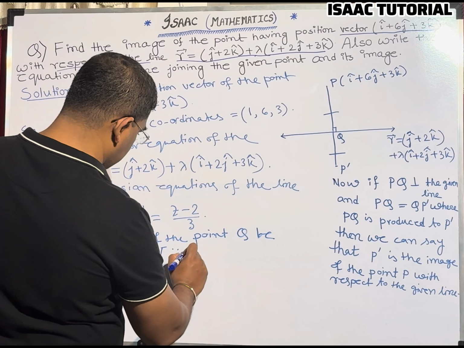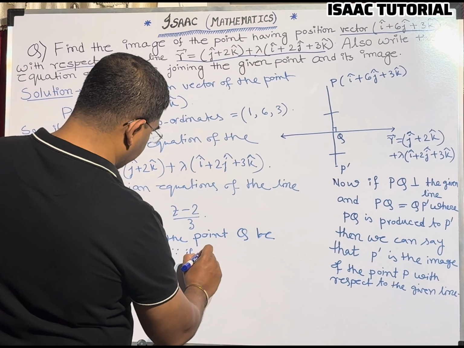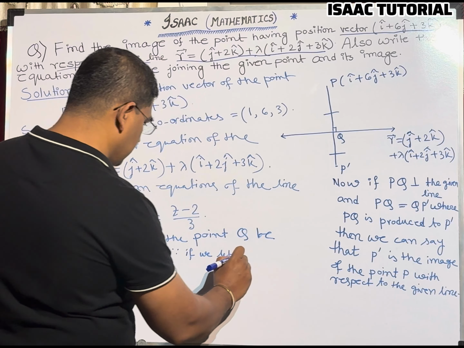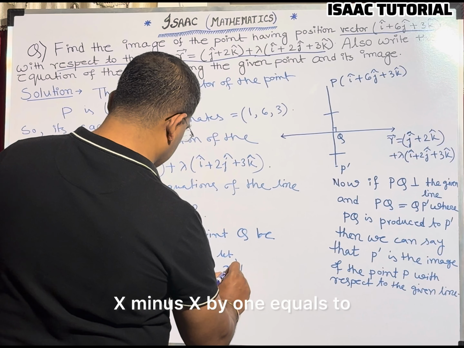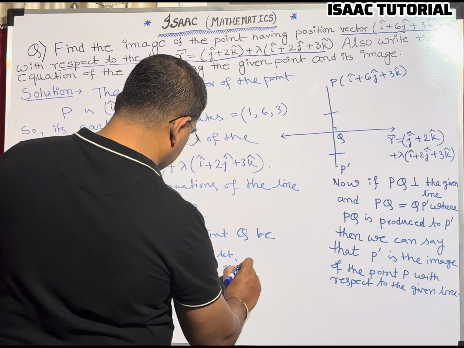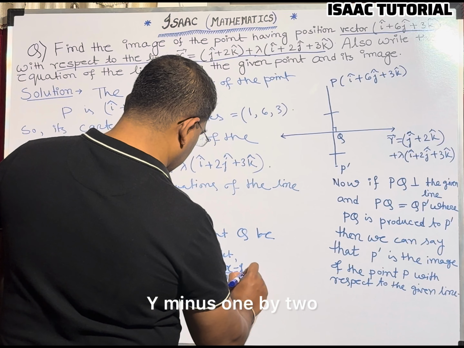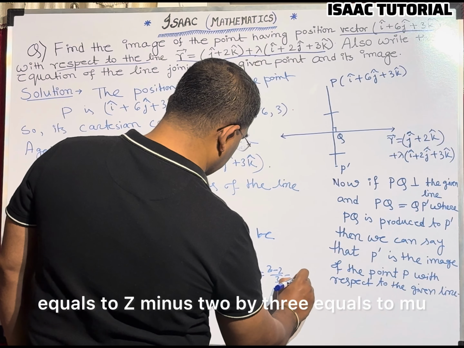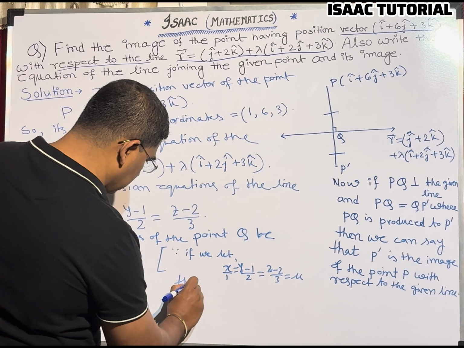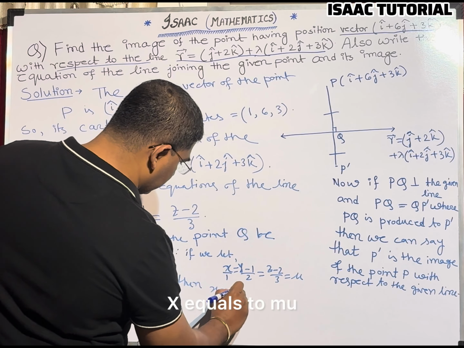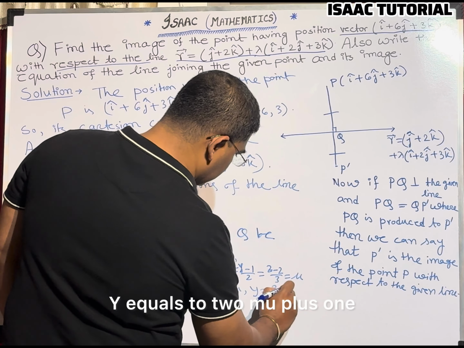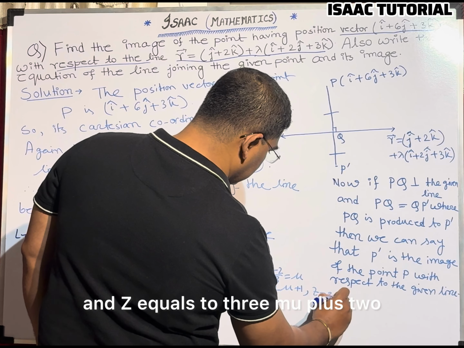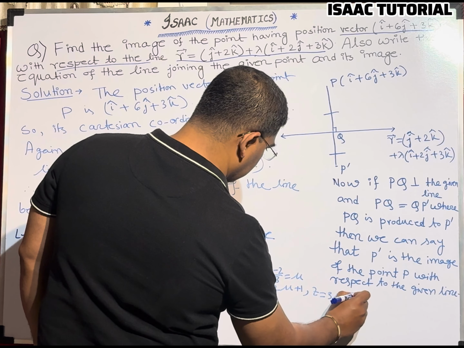Since if we let x by 1 equals y minus 1 by 2 equals z minus 2 by 3 equals mu, then x equals mu, y equals 2 mu plus 1 and z equals 3 mu plus 2.